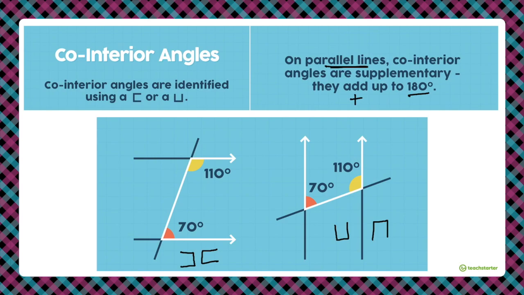So we can add them up to equal 180. So those are our 3 types of angles formed by transversals. Remember, a transversal is a line that cuts through 2 other lines. I hope this has helped you to figure out how you calculate those different types of angles.